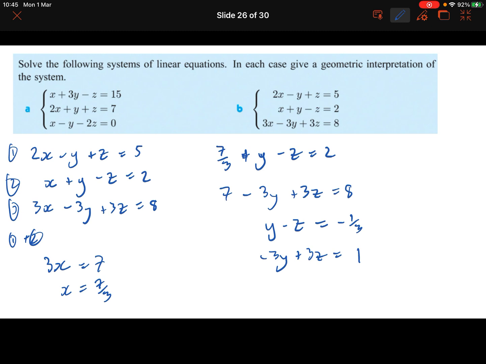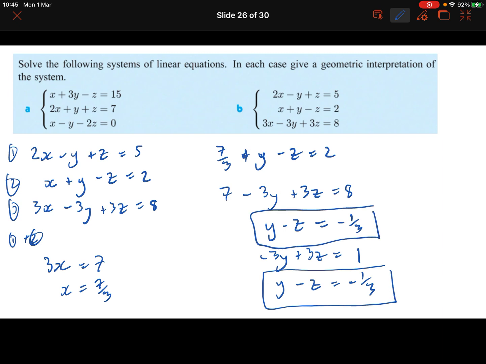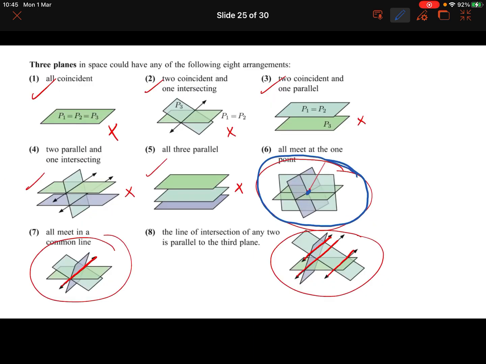You can see what's happening here, right? If I divide both sides by negative 3, I've got y minus z equals minus 1 over 3. And they are actually the same equation. So there's going to be infinitely many solutions. Okay? Infinitely many solutions would imply that they're all meeting at a line.